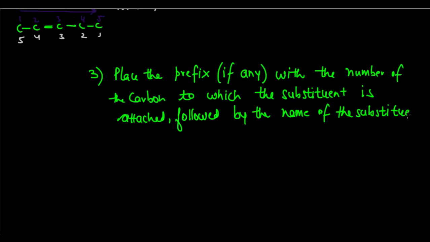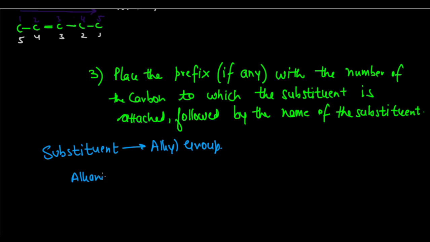Usually the substituent is something we call an alkyl group. Usually substituents are alkyl groups. An alkyl group is basically a group formed by the removal of a hydrogen from an alkane. So if an alkane loses one hydrogen, it gets an alkyl.